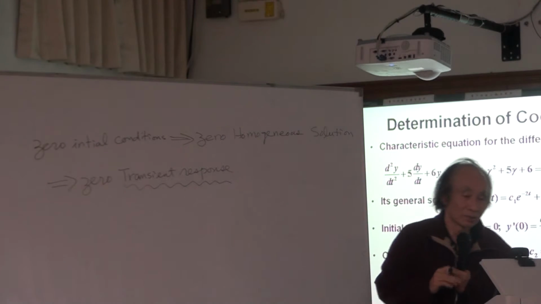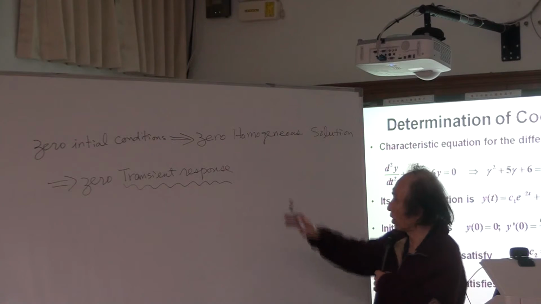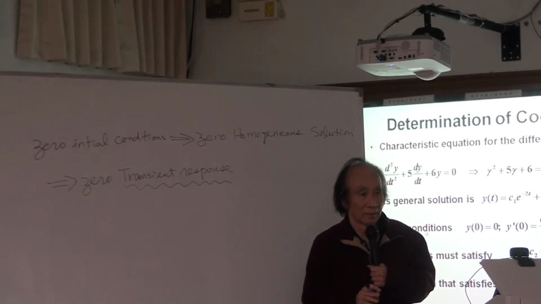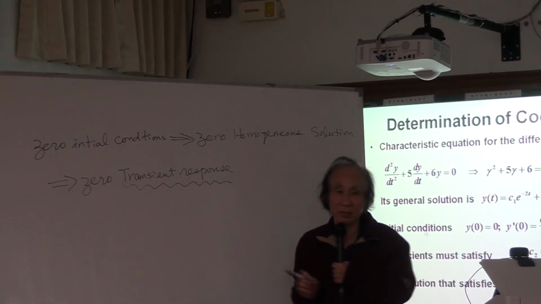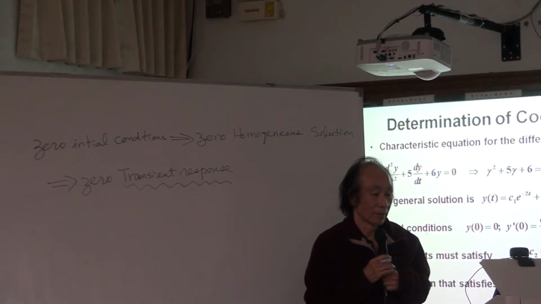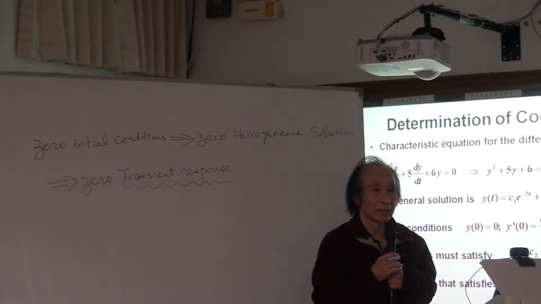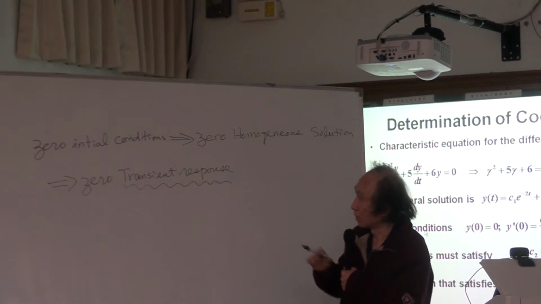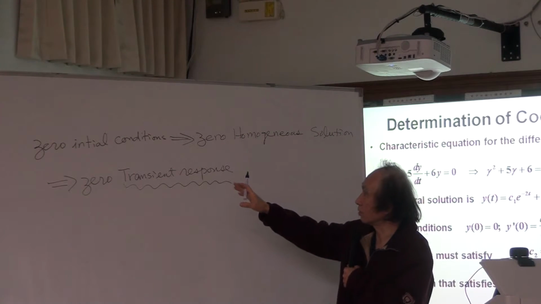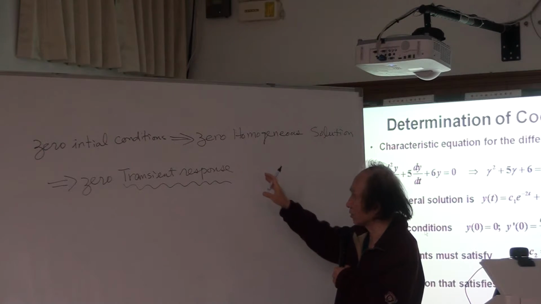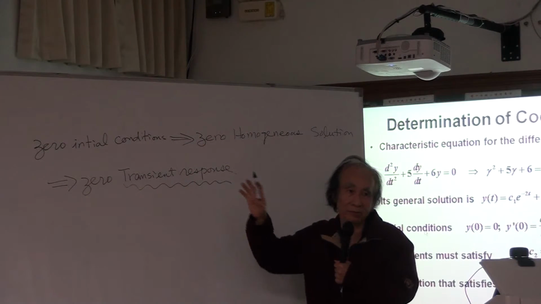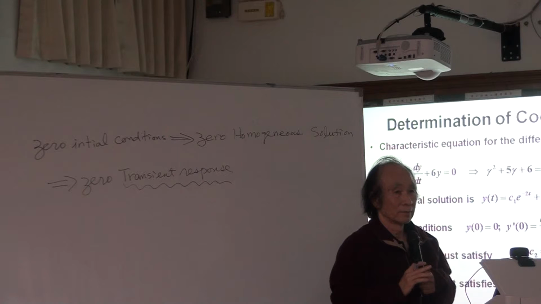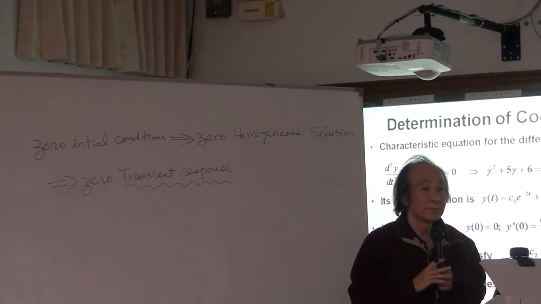Mathematically, you call it the homogeneous solution. Physically, you call it the transient response. Understand now? So if you have initial conditions, then you have a homogeneous solution, which is the transient response.